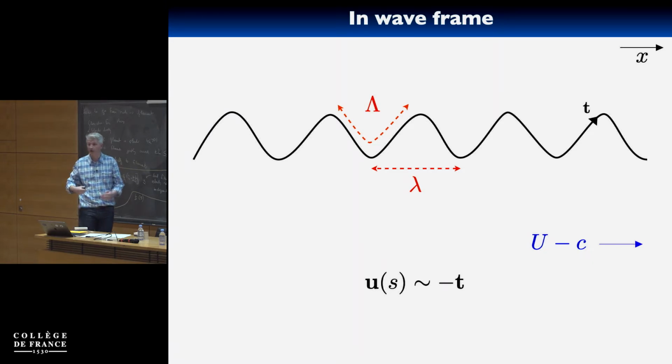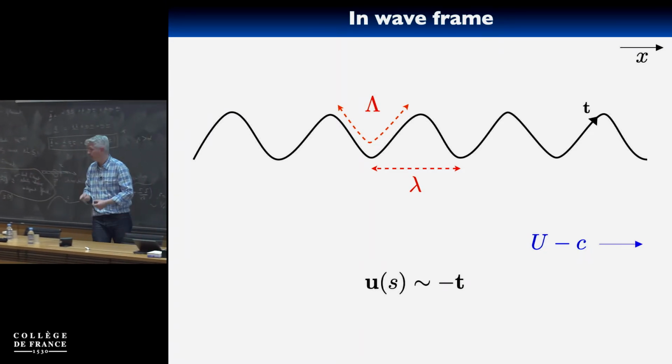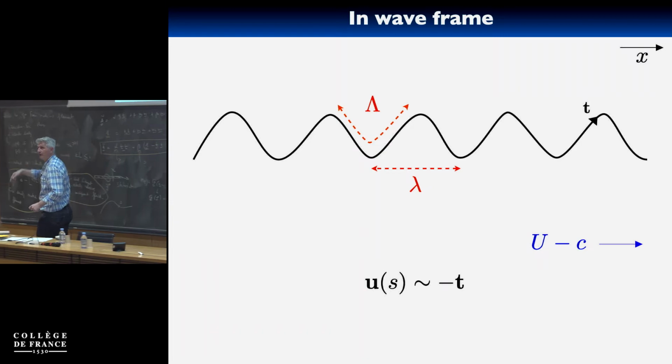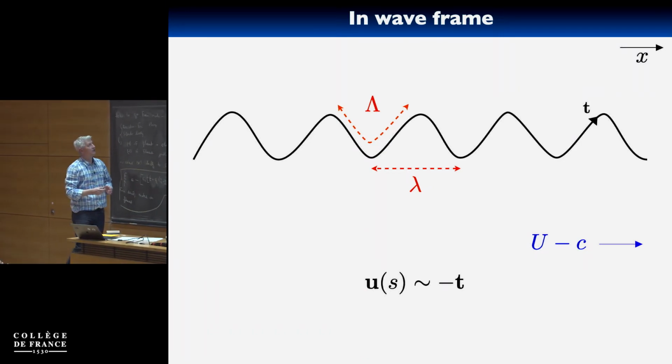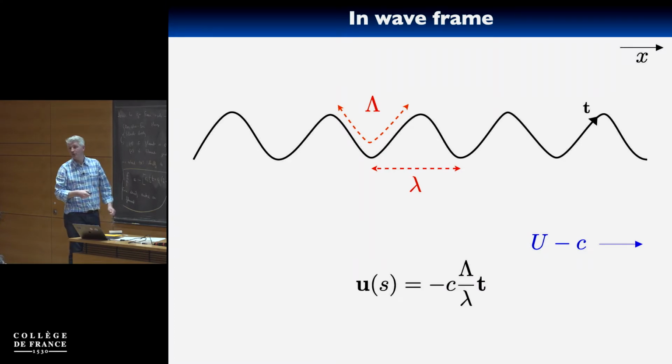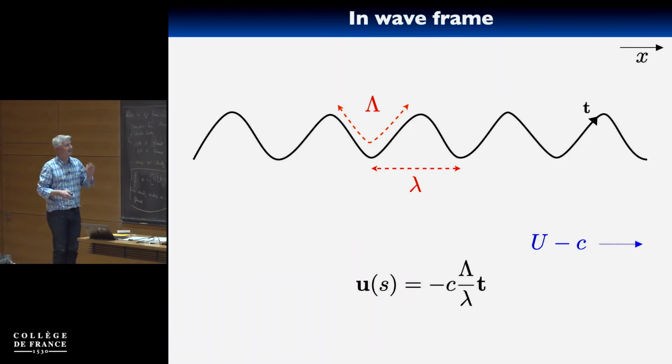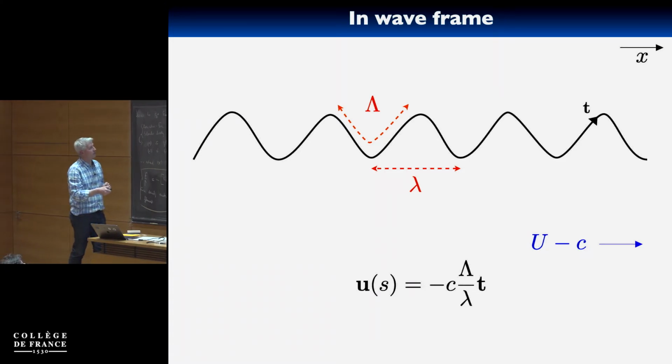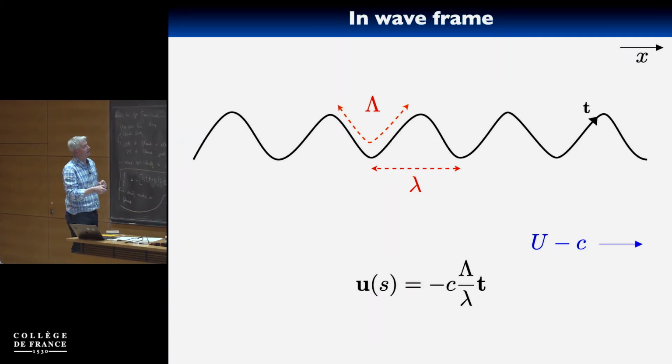They have a longer journey: you're moving along x, but the material points are going up and down, and up and down. So they're going faster than you by exactly the ratio between big Lambda and little lambda. So I know exactly what the speed is in that final frame. It's exactly minus the traveling wave speed times the ratio between big Lambda and little lambda. And if I know the shape, I know the value of this.